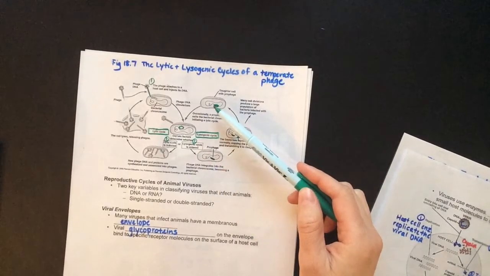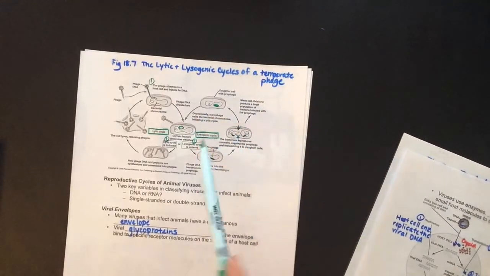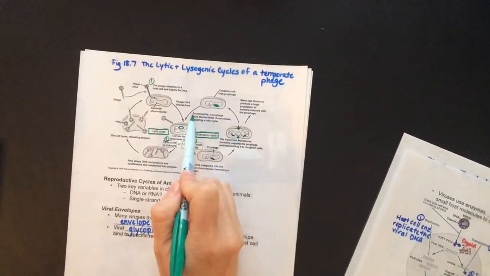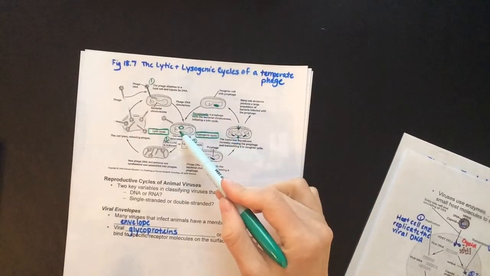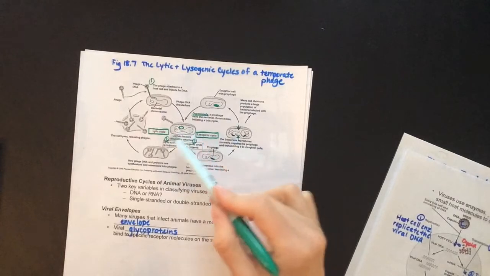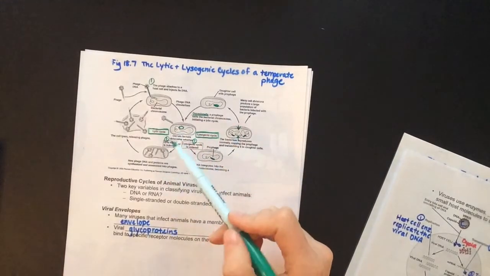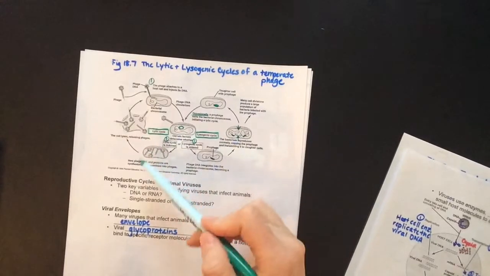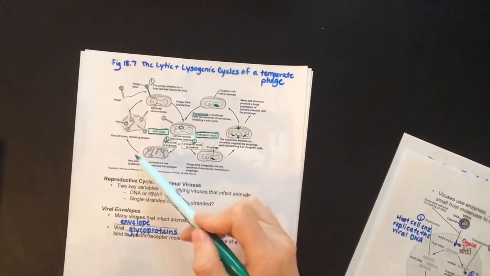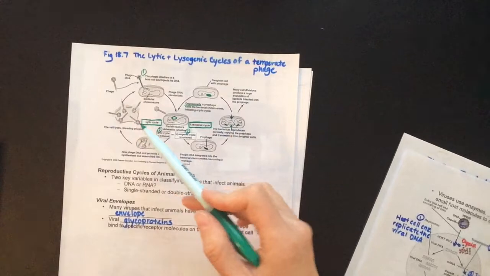And then occasionally, notice here it says occasionally, a prophage exits the bacterial chromosome and initiates the lytic cycle. So then look at here, the prophage pops out, the bacterial chromosome is back to normal, and it enters the lytic cycle and now uses that to make lots of viruses, and then it kills the host cell.